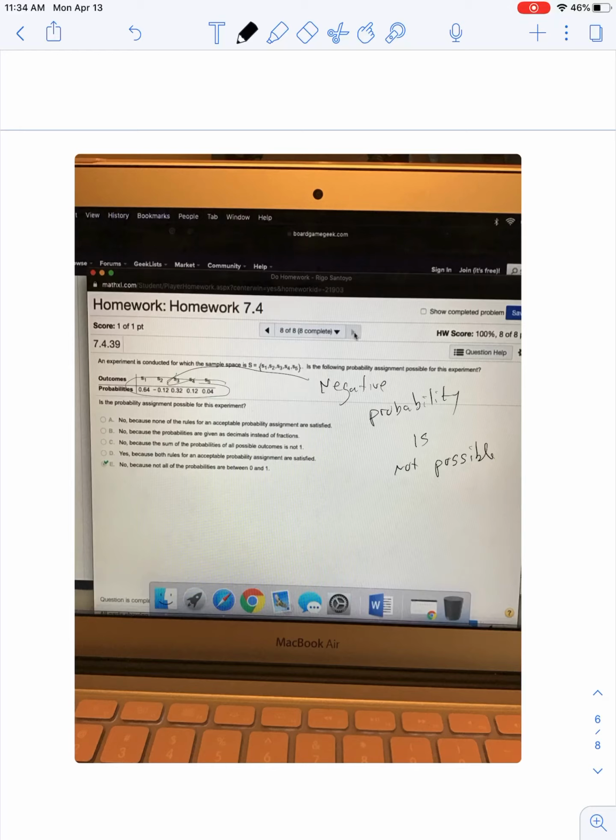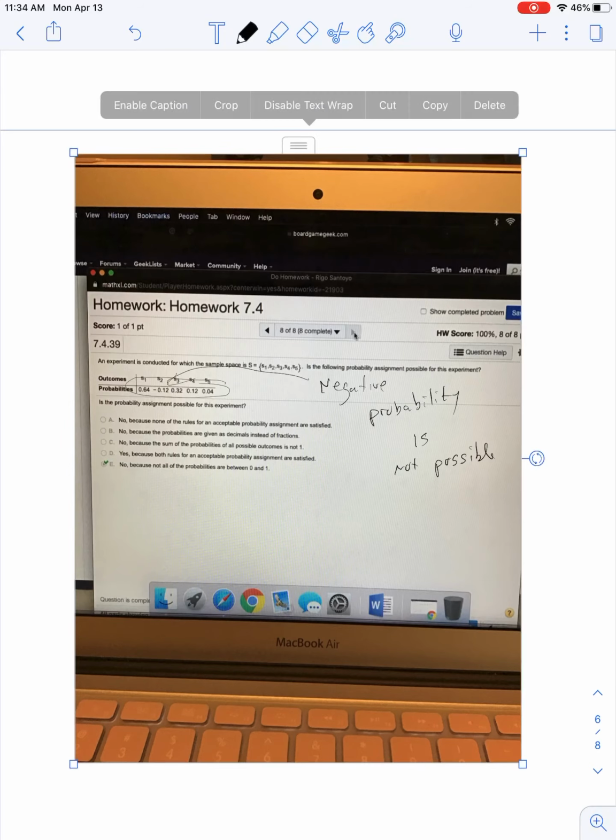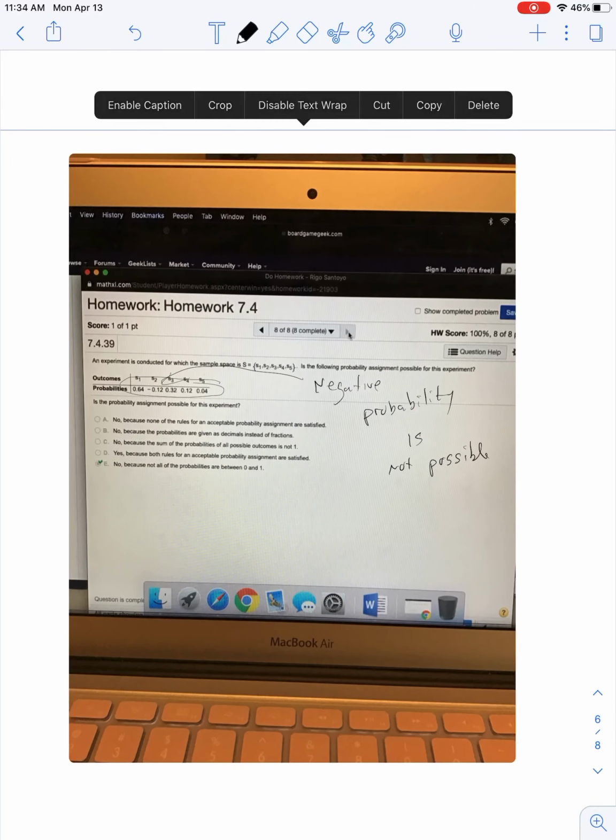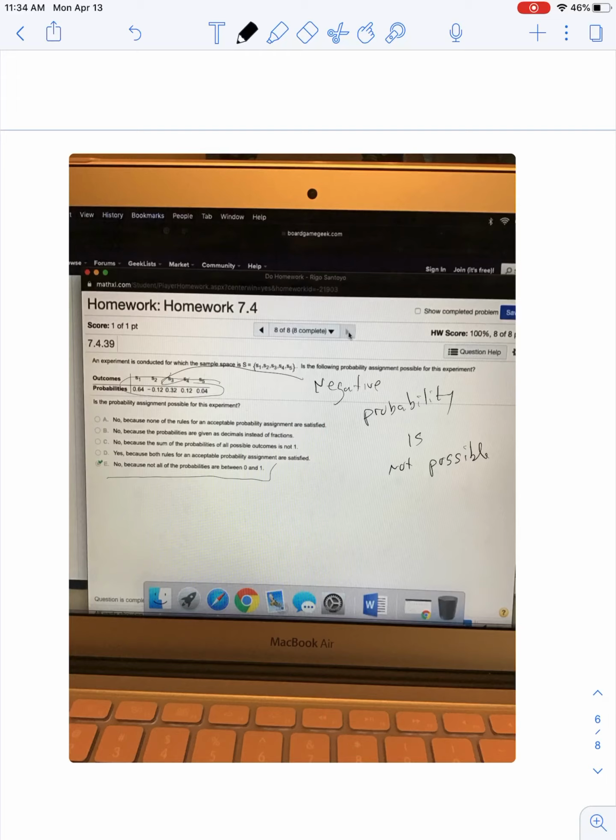You can't say the possibility of it raining tomorrow is negative 5%. Doesn't make sense. So this is why this is the answer, because probabilities have to be between 0 and 1, which makes them positive numbers. And that completes 7.4.